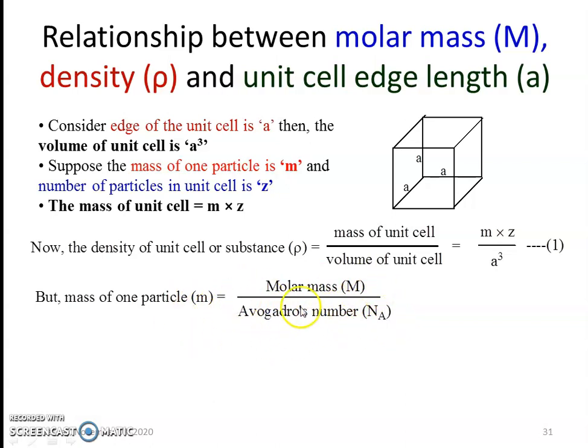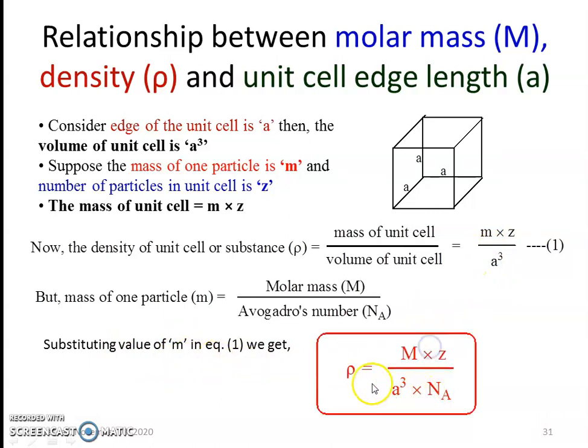Now substituting the value of this m, that is the mass of one particle, in equation number 1, this small m can be substituted by capital M upon Na, that is molar mass upon Na.